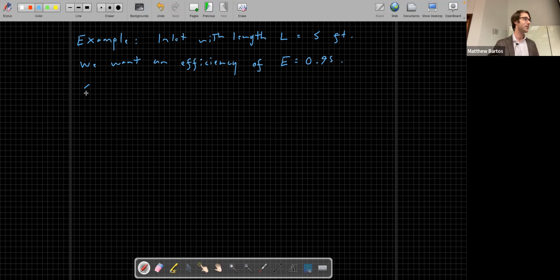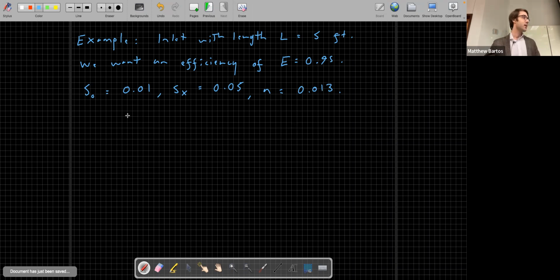Let's say we have a longitudinal slope of 0.01, a cross slope of 0.05, and a Manning's roughness N equal to 0.013.